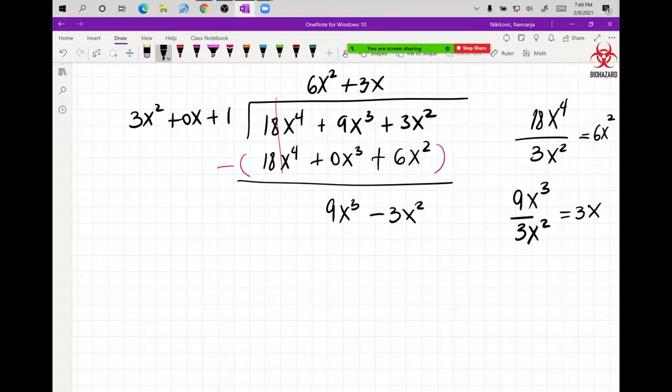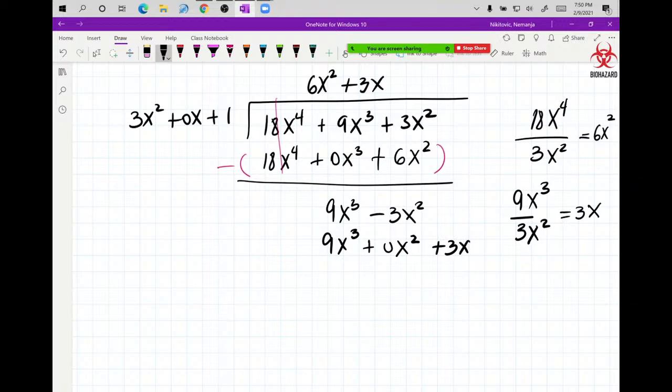And what I do with it now is I do the multiplication, right? I multiply back. I get 9x cubed plus 0x squared and plus 3x.